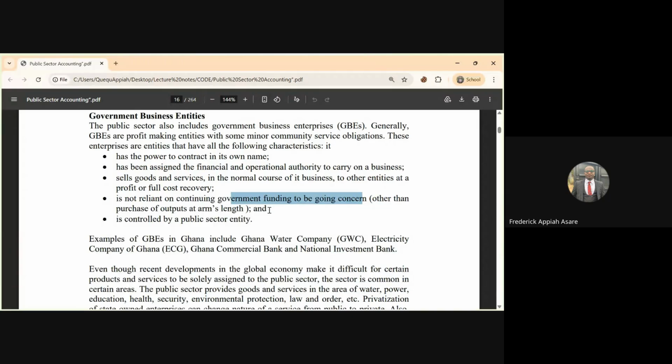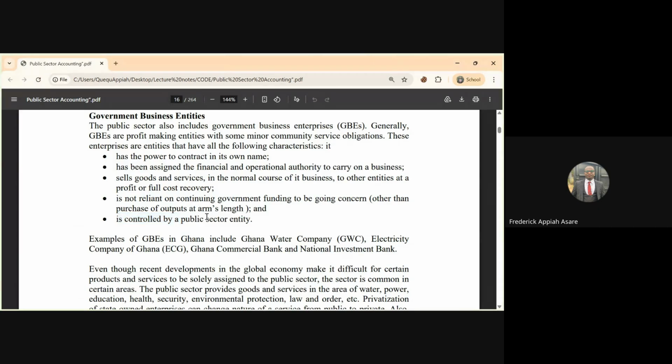We expect them to sell goods and render services in order to generate enough money to take care of the business. So the government will never give them any funds for their operations. Their continuation of operations does not depend on money coming from the government.